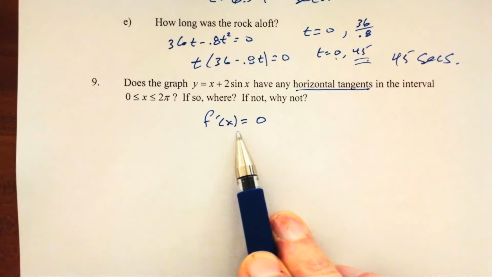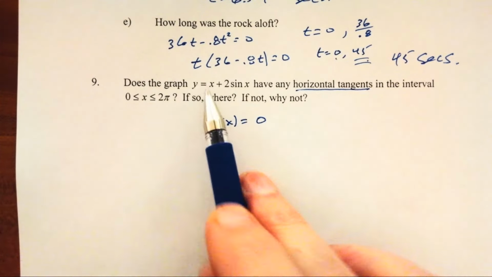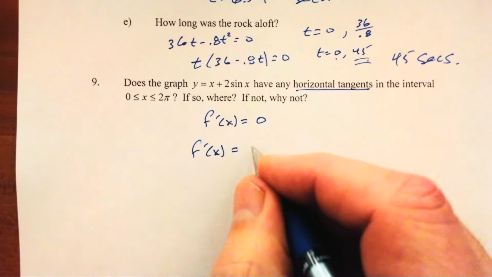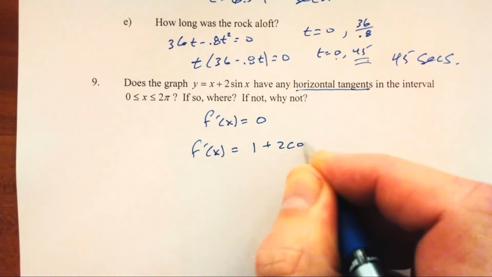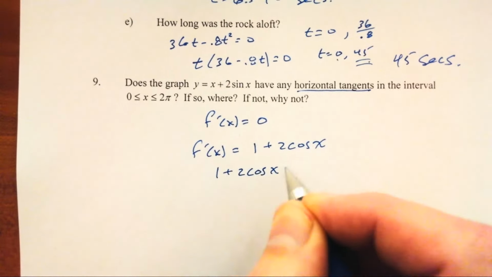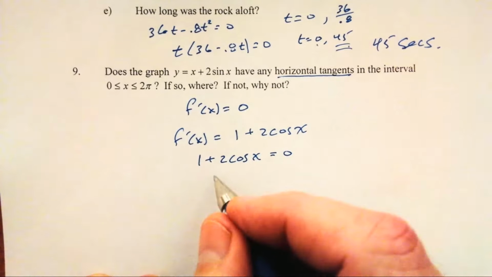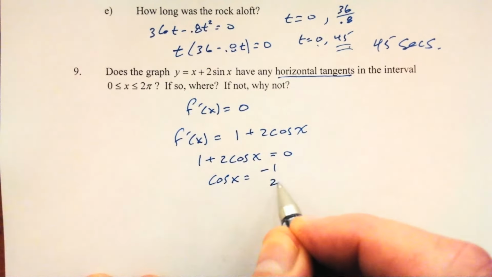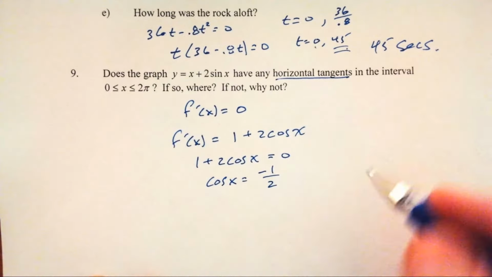Same thing, calculus language. First derivative equals 0. So our first derivative is 1 plus 2 cosine of x. If we set 1 plus 2 cosine of x equal to 0, we get cosine of x equals negative 1 over 2.